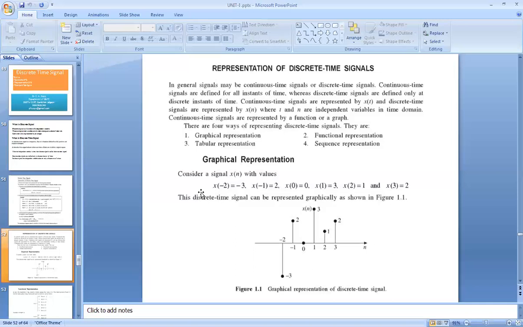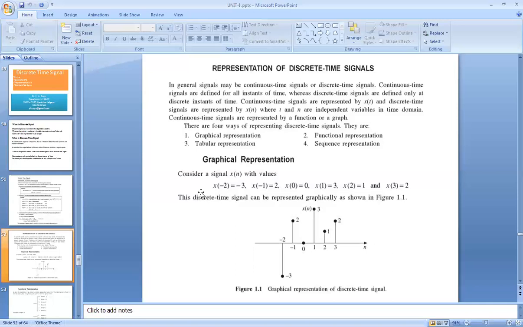Now when we have to show these points over the graph, we will show them in the following manner. Over the coordinate system, n is written on the x-axis and x of n is written on the y-axis.